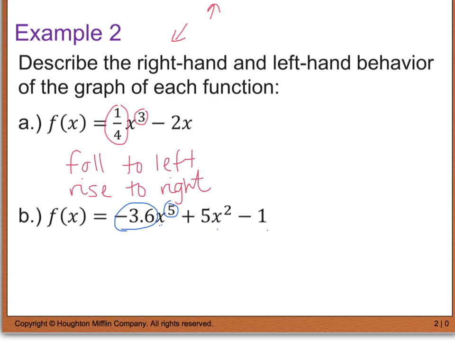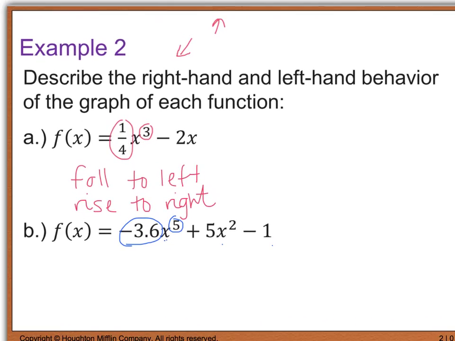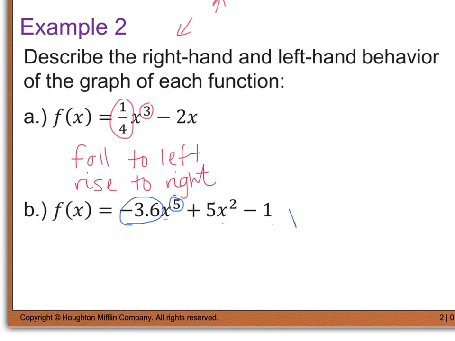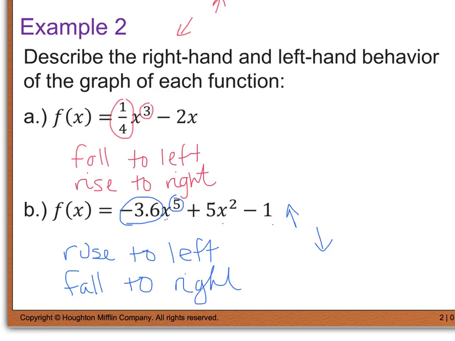So because I have a negative odd function, I know that my graph is going to rise to the left and fall to the right. So we're going to rise to the left and fall to the right.